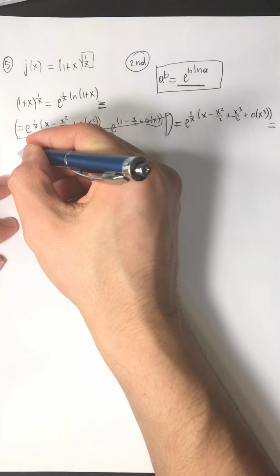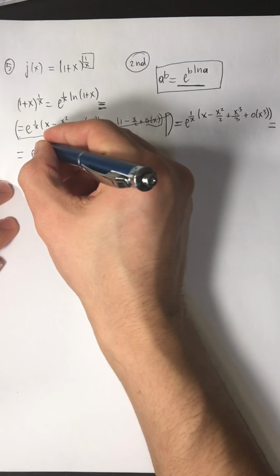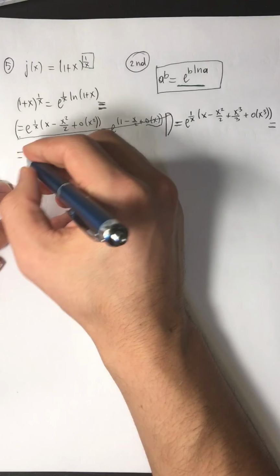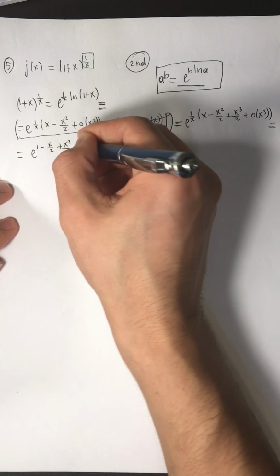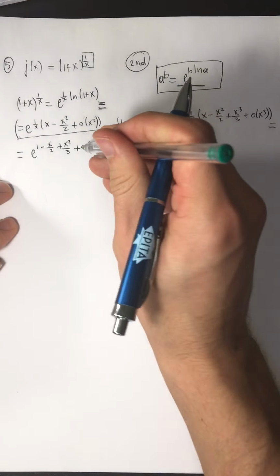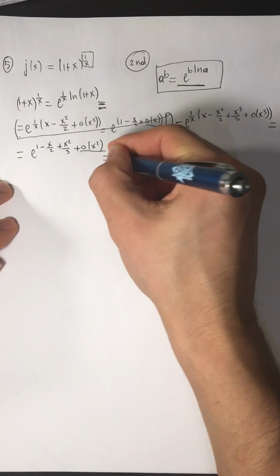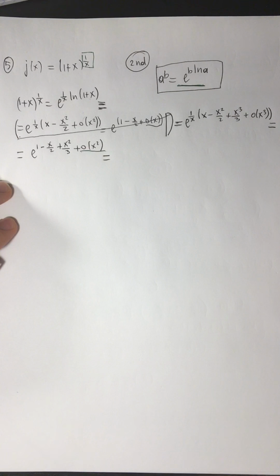Okay, now you can see it. It's equal to, if you open the bracket, 1 minus x divided by 2 plus x squared divided by 3 plus o(x squared). Right now, because we have o(x squared), everything is fine. We can continue. And now in this case, very important.